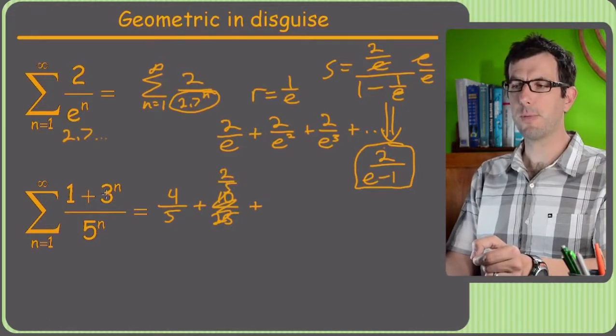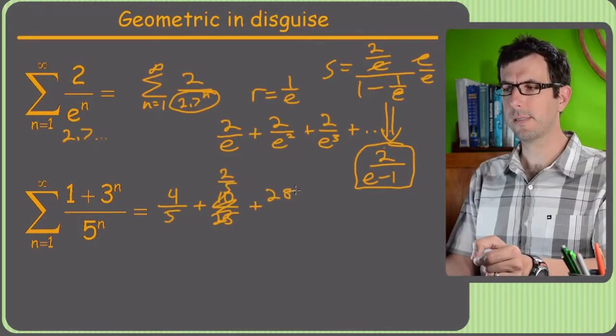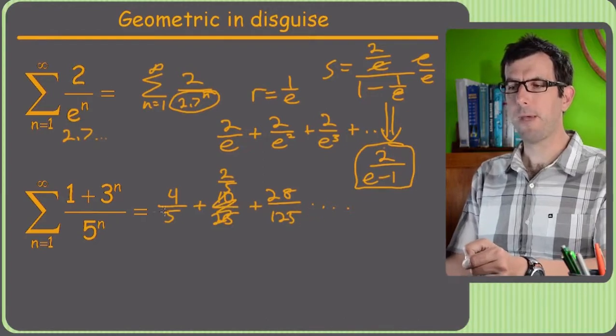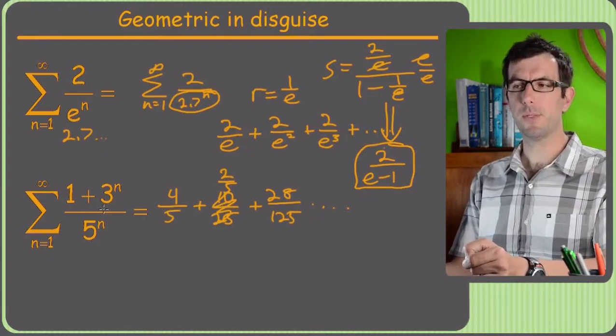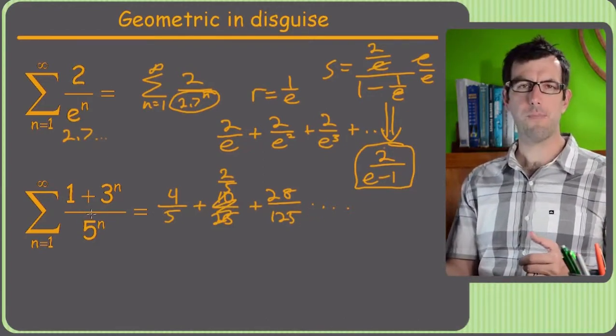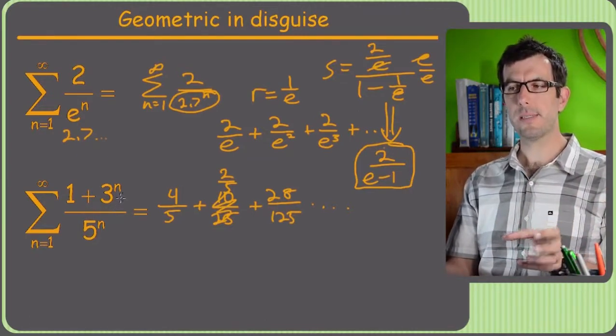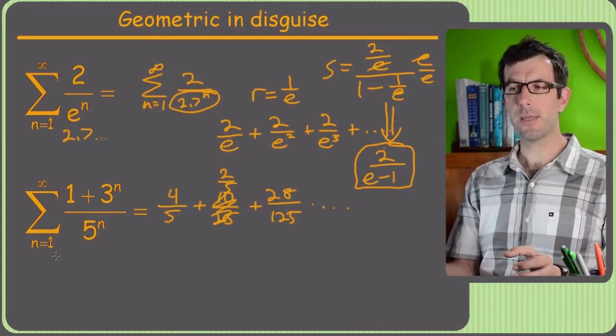And then your next term would be 28 over 125. Anyway, this gets messy. It's not technically a geometric series. But remember, when you're working these problems, usually what you're trying to figure out is if something converges or diverges. And if you recognize that it's kind of a hybrid of 2 geometric series, that's the trick.